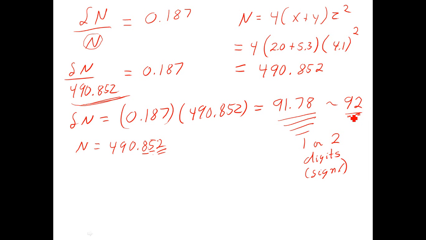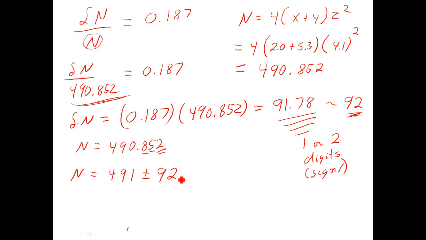It doesn't make a lot of sense to try to pin down the actual number to 1,000 or 100. So I say that a respectable answer is n equals 491, plus or minus 92. I would consider that acceptable.